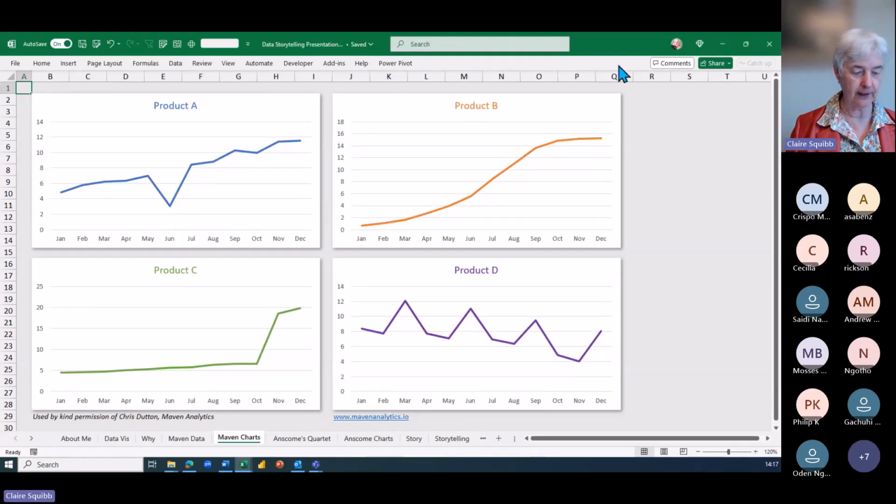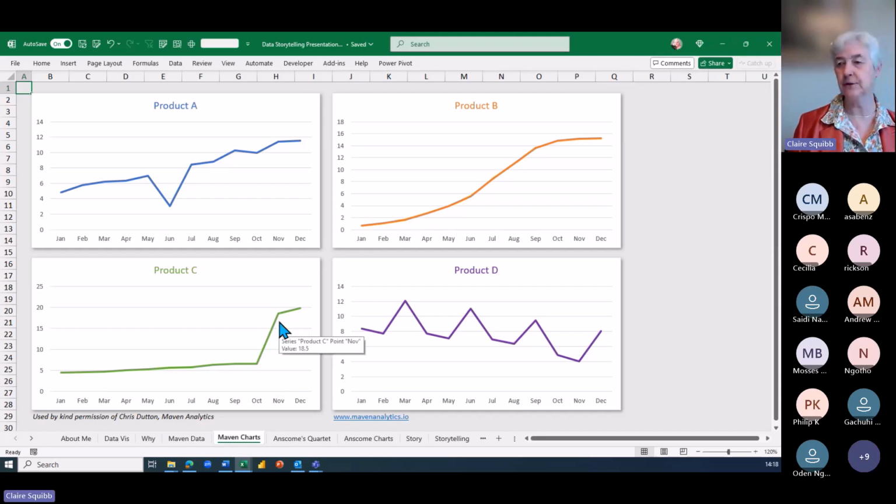Product B is showing a fairly standard sales growth curve. It starts off fairly slowly, it increases through the summer, and it tails off again towards the winter. So this is possibly a summer-based product or an autumn-based product, and people are buying it through May, June, July, August, and then it tails off again once the winter comes. Product C sells very little until there's a giant boost in October.